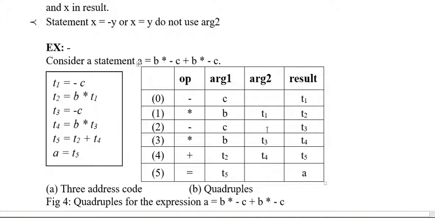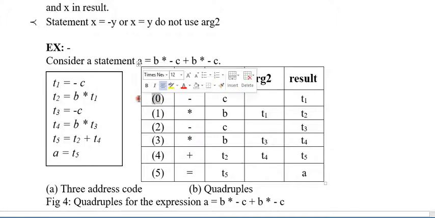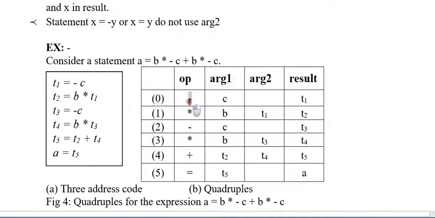First of all we need to generate a static code. This is the syntax or static code for this instruction. Now from here we can see that in the first line the operation is minus, the index is 0, and the operation is minus.